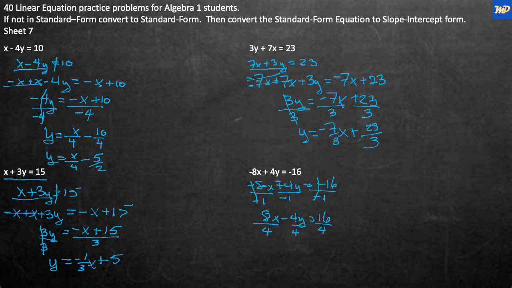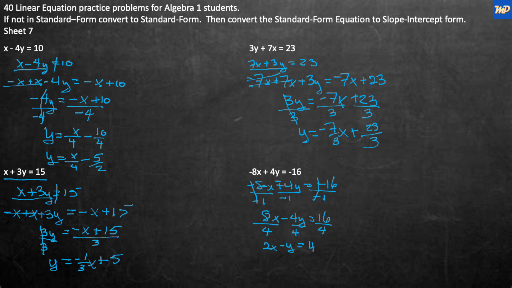And when we do, 8x divided by 4 is 2x. And minus 4y over 4 is equal to minus y. And 16 over 4 is 4. Now we're in good shape for the standard form.